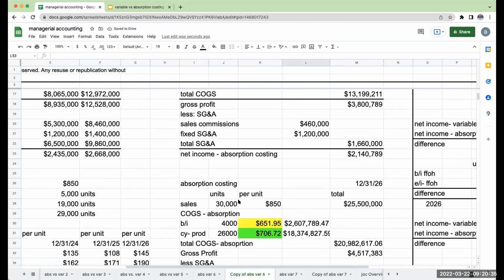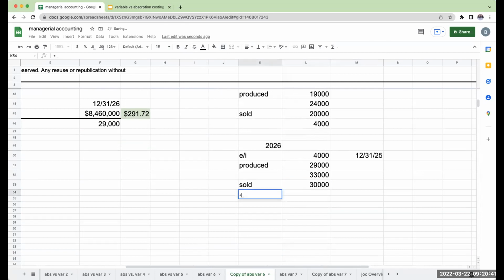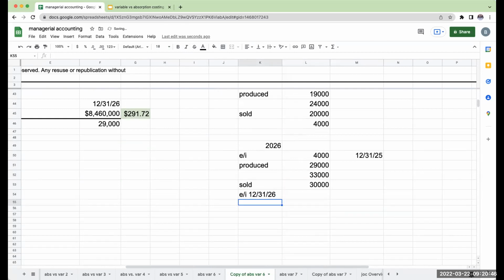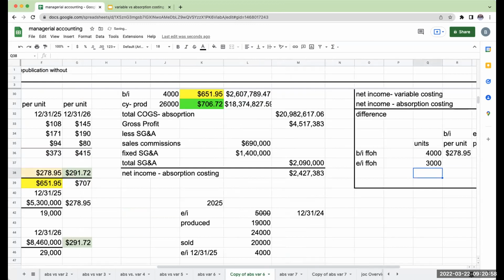I sold 30,000 during this year. So my ending inventory at 12/31/26 is going to be 3,000 units.